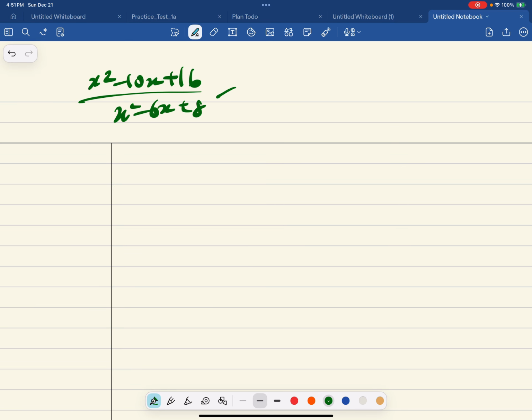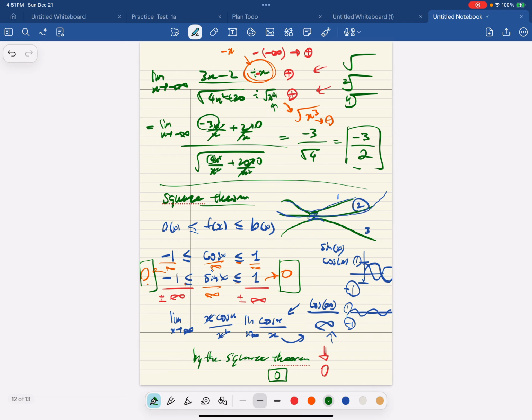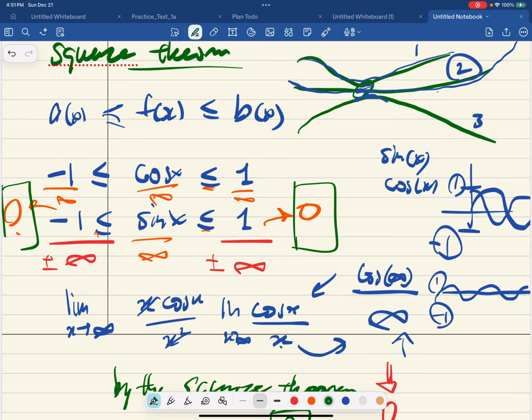Or you will have to figure out that it is a squeeze function by seeing a sine function that you can no longer simplify. Let's say this question right here was cos x over x. Cos x over x, we do not know how to simplify any further. There is no cancellation. You can't cancel them.